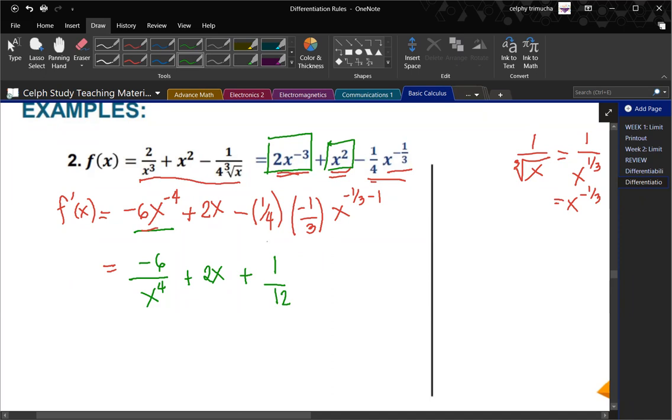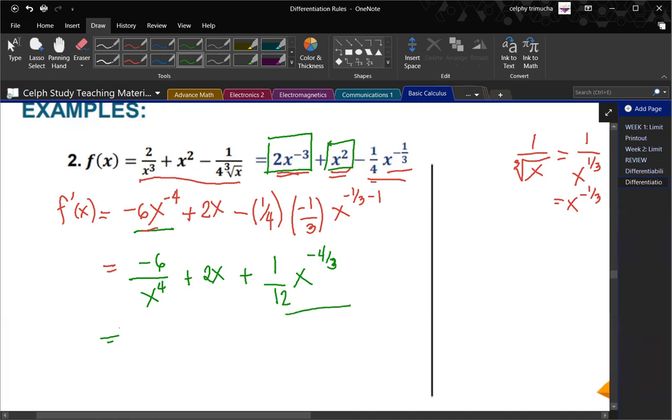Then ang aton nga last term will be x. Negative 1/3 minus 1, pila na siya? Negative 4/3, sir. Negative 4 all over 3. So, ang last na lang nga term ang kinanglan natin i-rearrange kay naka-negative pa exponent.